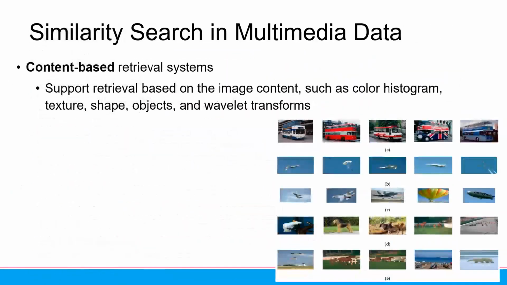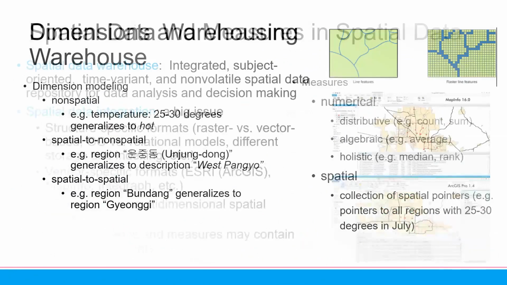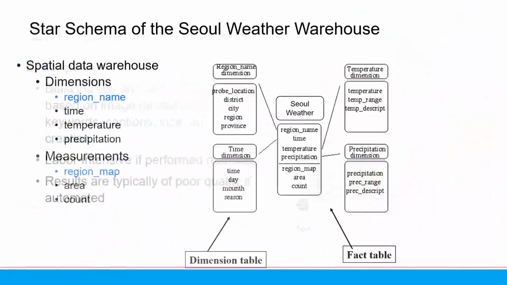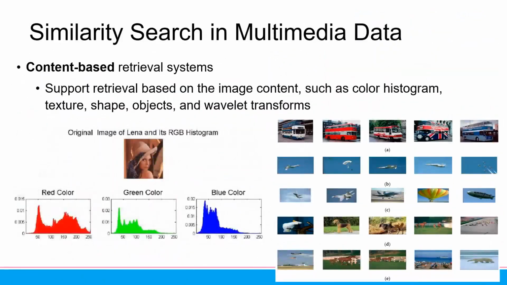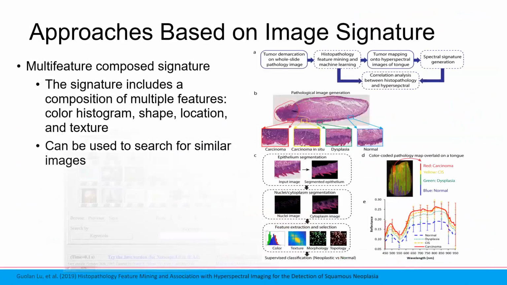So we have the RGB. This one, right? Red, green and blue. So this is the basic color that can be represented in numbers.